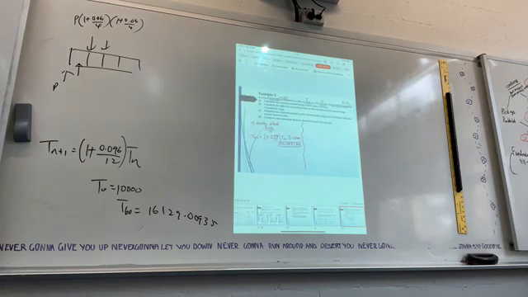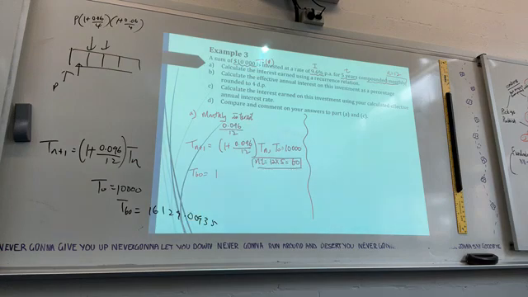So therefore T60 equals 16129.90935. Therefore, the final value equals 16129.91.